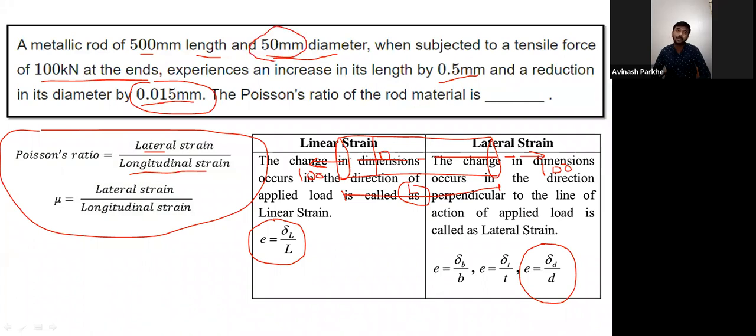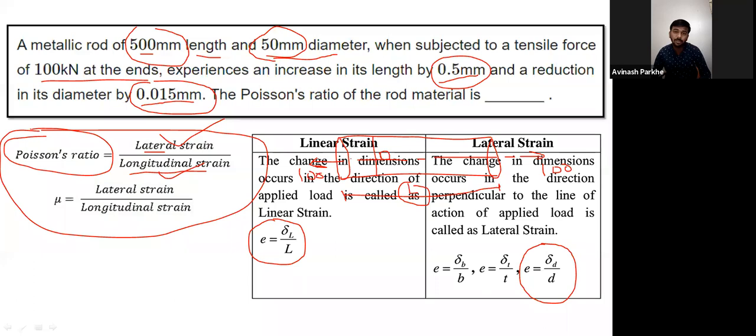So change in diameter upon original diameter, you will get the lateral strain. Then change in length is also given. How much? 0.5 mm. And original length is also given. How much? 500 mm. So that change in length upon original length we have to calculate, and put here as the longitudinal strain, and by taking the ratio you will get the Poisson's ratio.